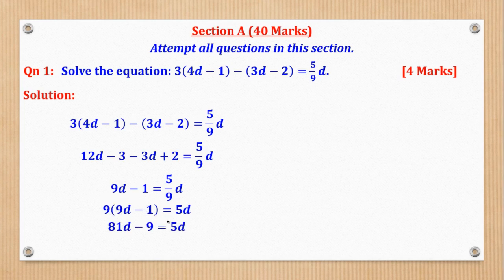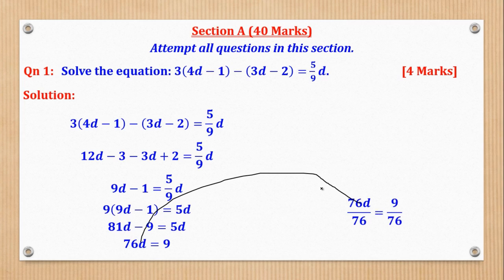Then again you are going to collect like terms by bringing this on this side. So 81 minus 5 gives you 76d. Then this was negative 9; when it goes this side, it becomes positive 9. Next is to divide both sides so that I can make d the subject.